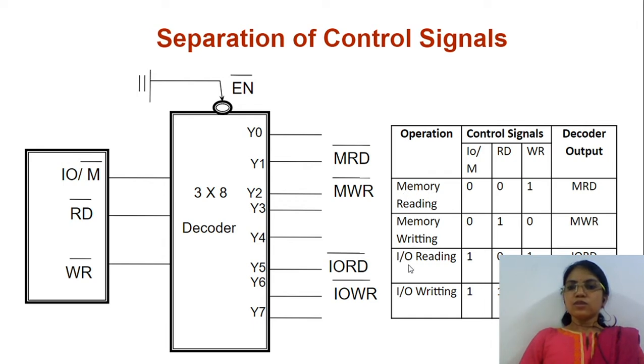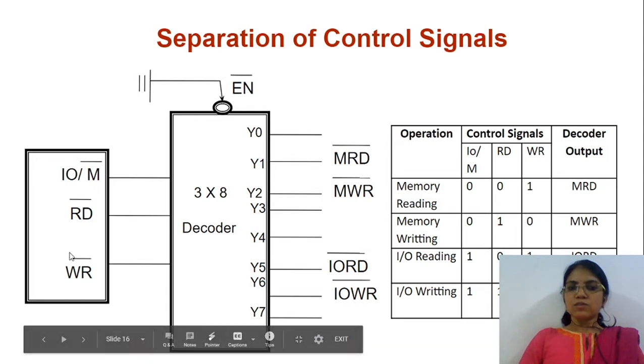Now we want the operation related with the input output device. For IO reading operation, we want to activate the IO pin and the RD bar pin. On IO no bar is there, so for activating the IO we transfer 1. For reading, again we activate with 0.